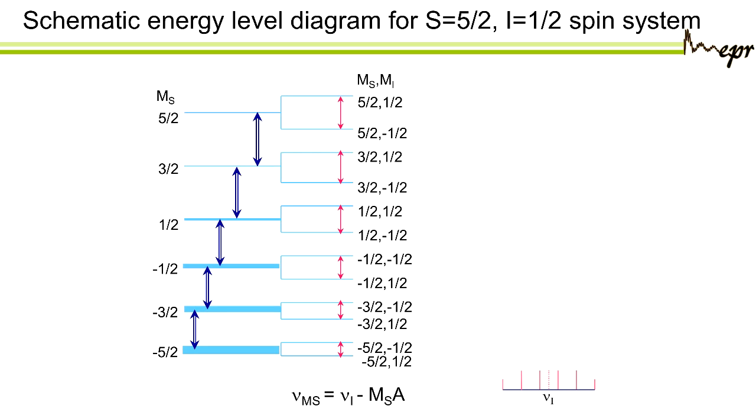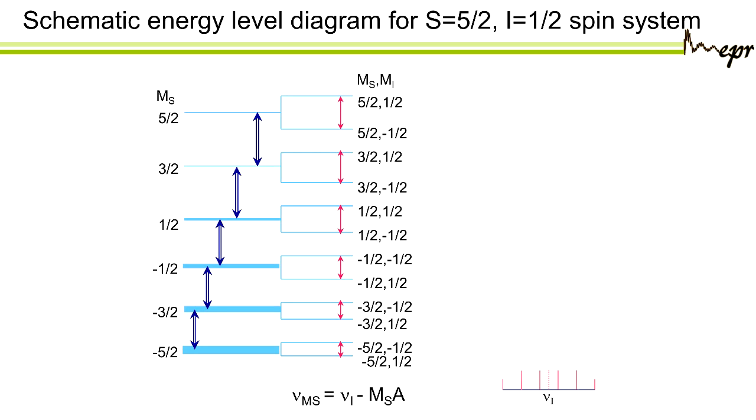I will show this in a minute. So in general, in this case, the ENDOR frequencies to first order depend on M_I minus M_S A. So you see when M_S is large, you get larger ENDOR frequency.